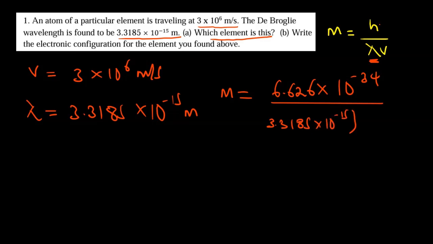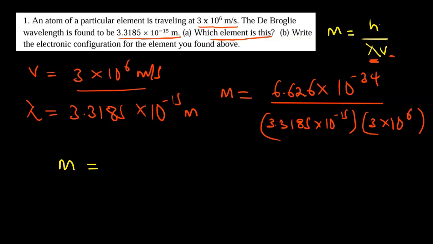And then multiplied by the speed, so 3 times 10 to the power 6. This is our speed. The best way, as I told you from the previous class, is to separate whatever has 10 to the power something and put them together, and whatever does not have any 10 to the power something, you also put them together.